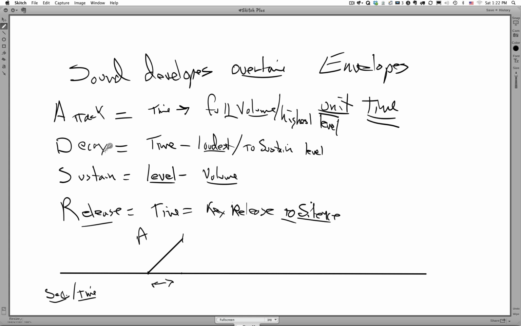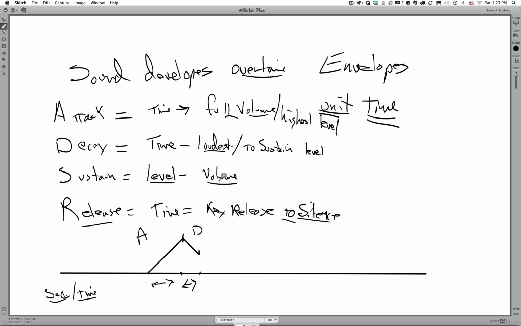So it's how long is it going to take us to go from there to where we start sustaining. So it could be a short decay, could be a long decay, however we decide to do it. But again, it's a measurement of time. How long is it going to take to go from here to here? That's our decay phase.